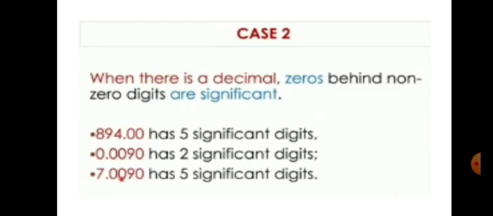In the third example, 7.0090 has 5 significant digits, 7, 0, 0, 9 and 0, because the 0s which are after 7 are between the two non-zero digits, that are 7 and 9, and the last 0 is behind the non-zero digit, that is 9. So it has 5 significant digits. So when there is a decimal fraction, the 0s behind the non-zero digits will always be significant. That was our rule number 4.